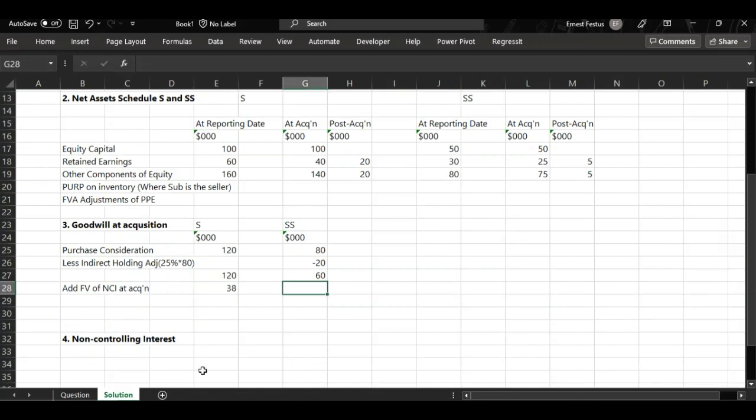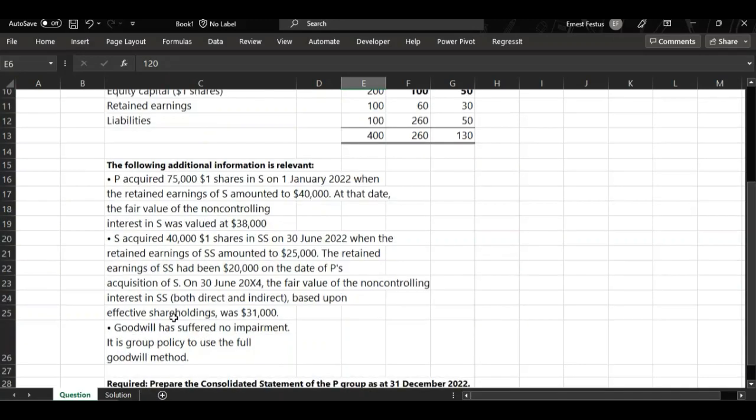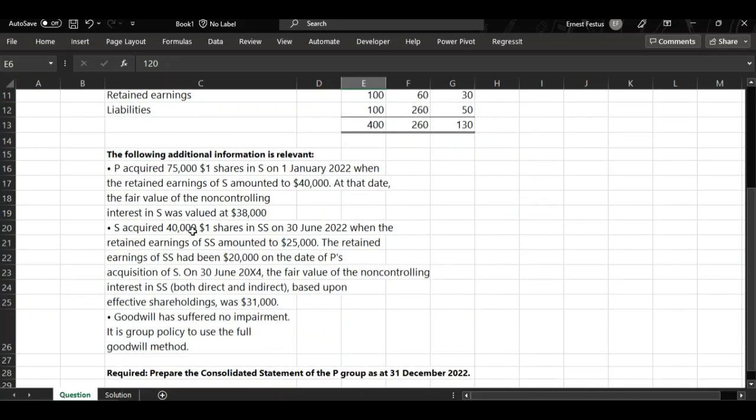Then how about SS? We go back to our question. The retained earnings of SS had been 20,000 on the date of P's acquisition of S. Now let's look at this question.